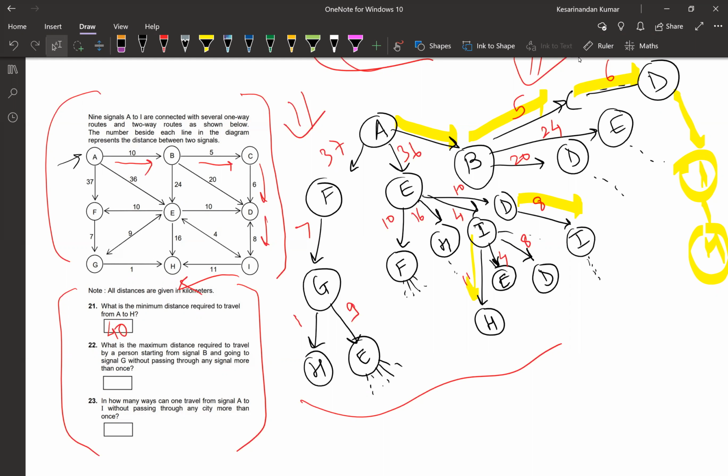I know it's a bit tricky. You can expect such a difficulty level in CAT on a moderate level if it's a moderate level paper. Okay, so for the 22nd, try using the tree diagram instead of the table.